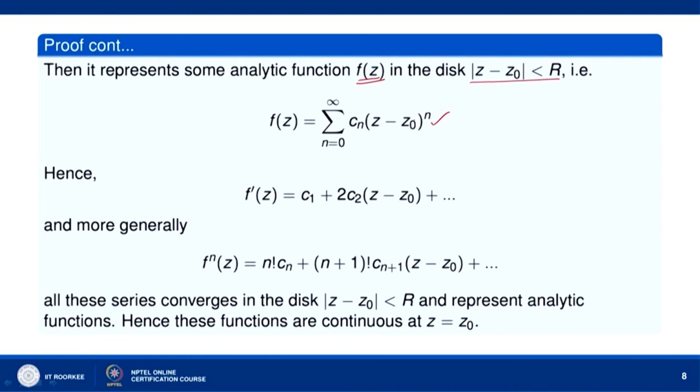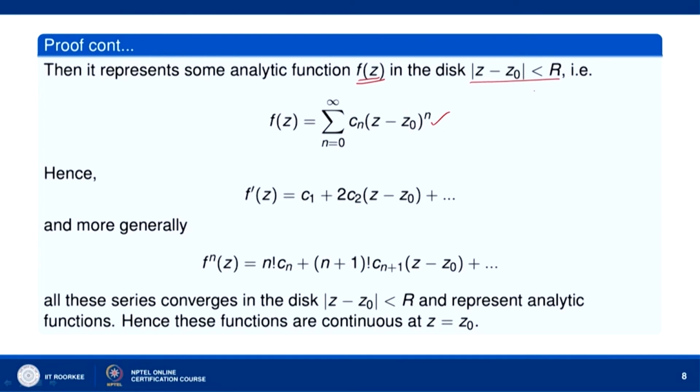Now, we can differentiate this series term by term. So f prime z is equal to c 1 plus 2 c 2 (z minus z naught) and so on, and more generally the nth derivative of f(z) is n factorial into c n plus (n plus 1) factorial into c n plus 1 into (z minus z naught) and so on. Now, all these series converge and have the same radius of convergence r.